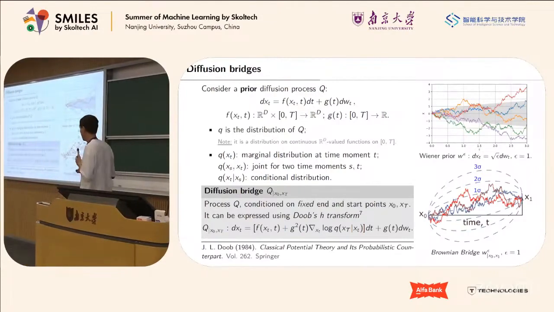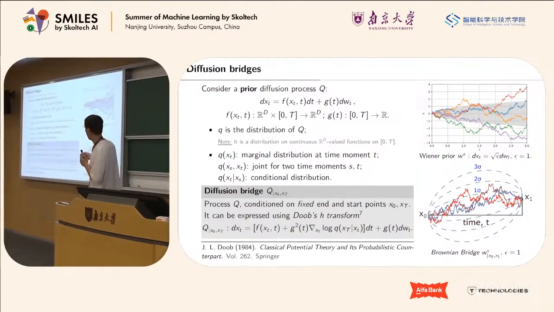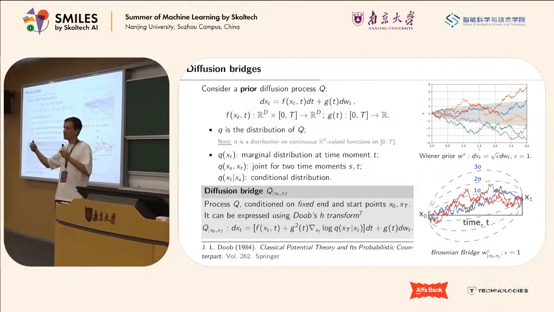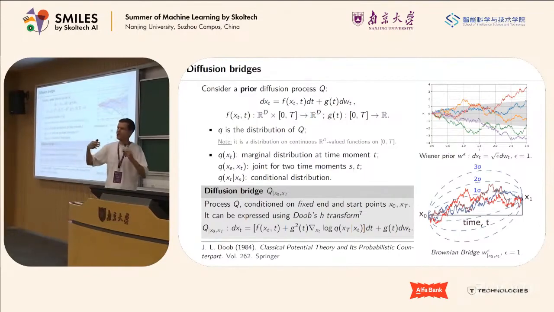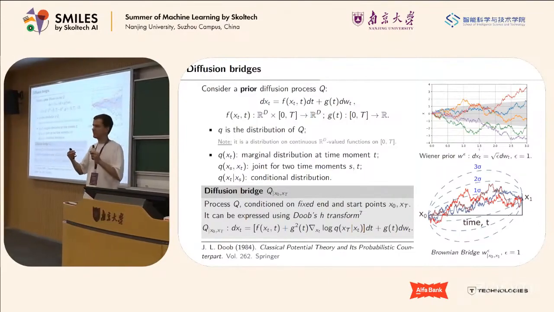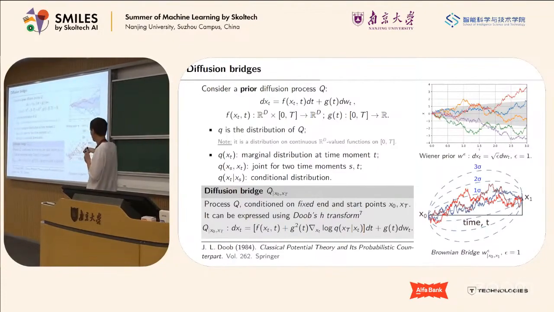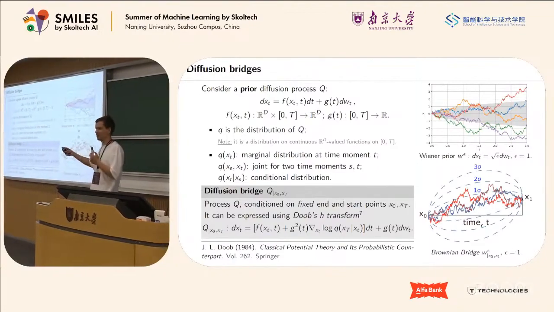What is a diffusion bridge? Basically, a diffusion bridge is the same process, but conditioned on the start and end points. Roughly speaking, we can consider this process as a distribution on the trajectories. Yes? And we take this distribution on the trajectories and ask the question, what will happen if we condition this process at the start and end points? What happens if this process starts at some particular point x0 and ends at a particular point x1?